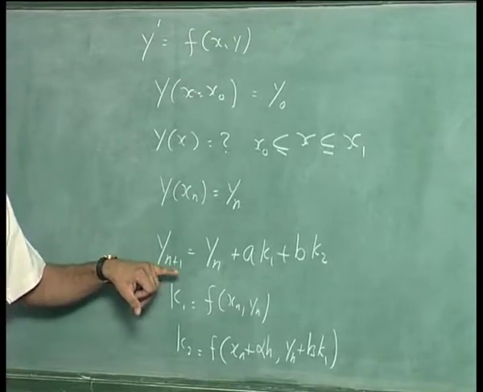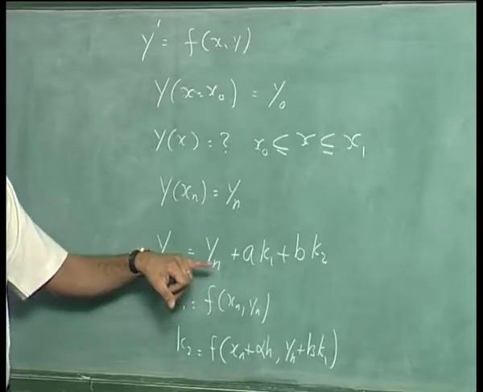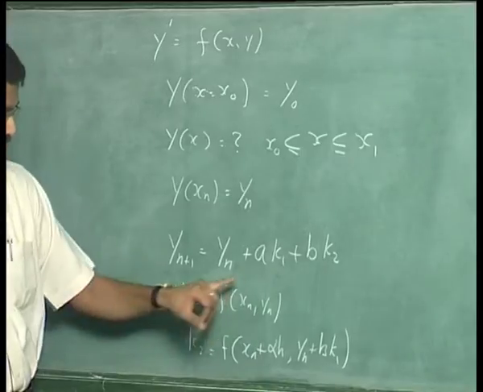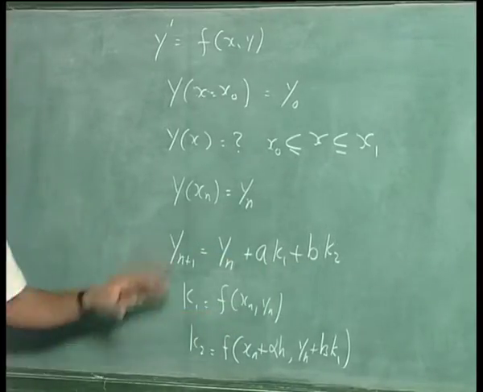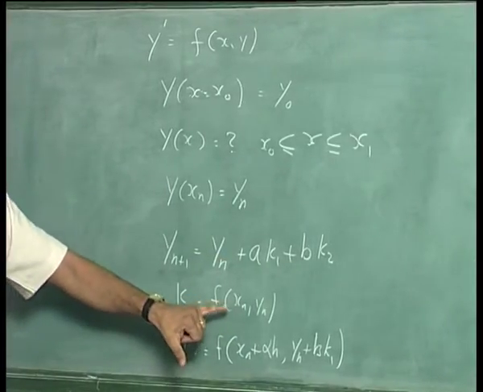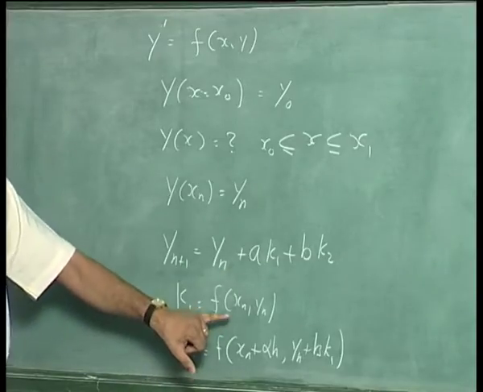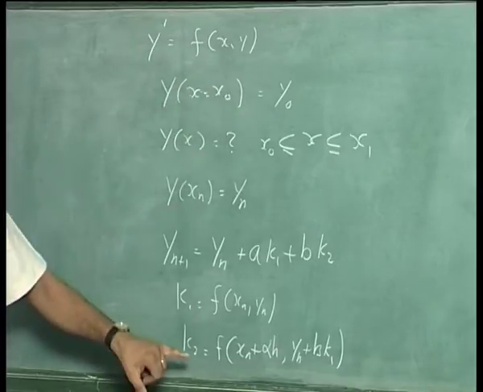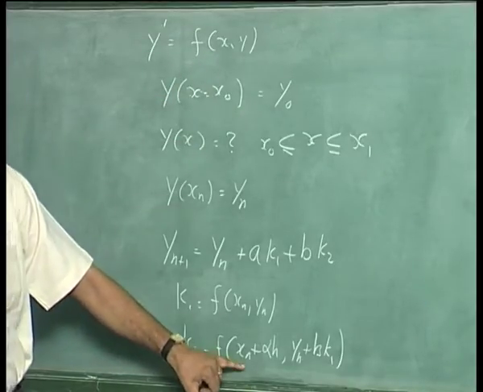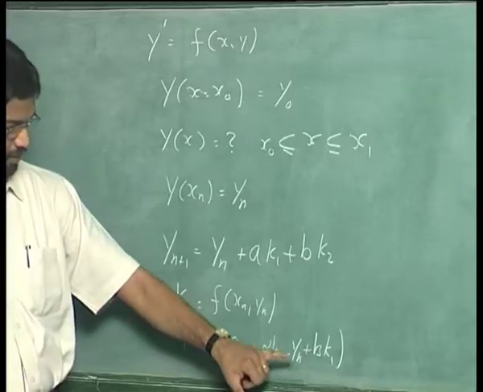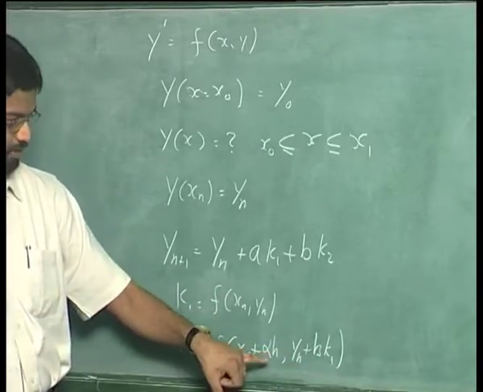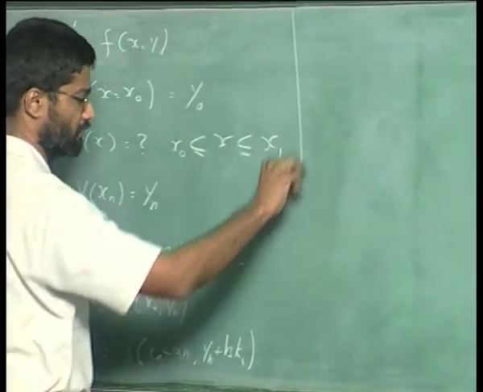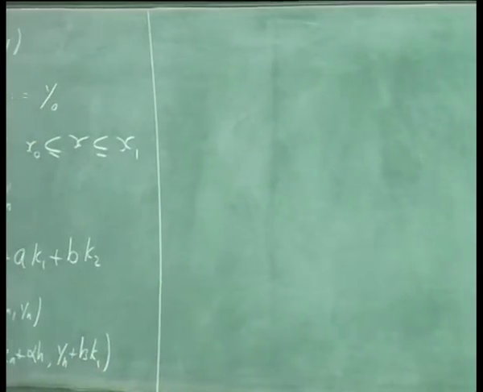That is given by yn plus a k1 plus b k2, where a and b are some coefficients which have to be determined, k1 is the function value at xn and yn, and k2 is the derivative on the right hand side at xn plus alpha h and yn plus beta k1, where alpha and beta are yet to be determined. Then the technique we used was to expand this.